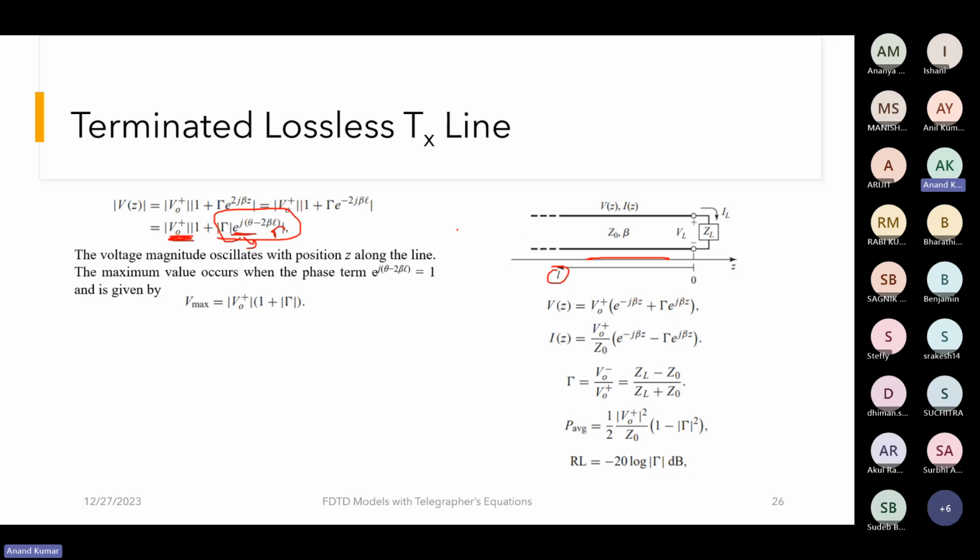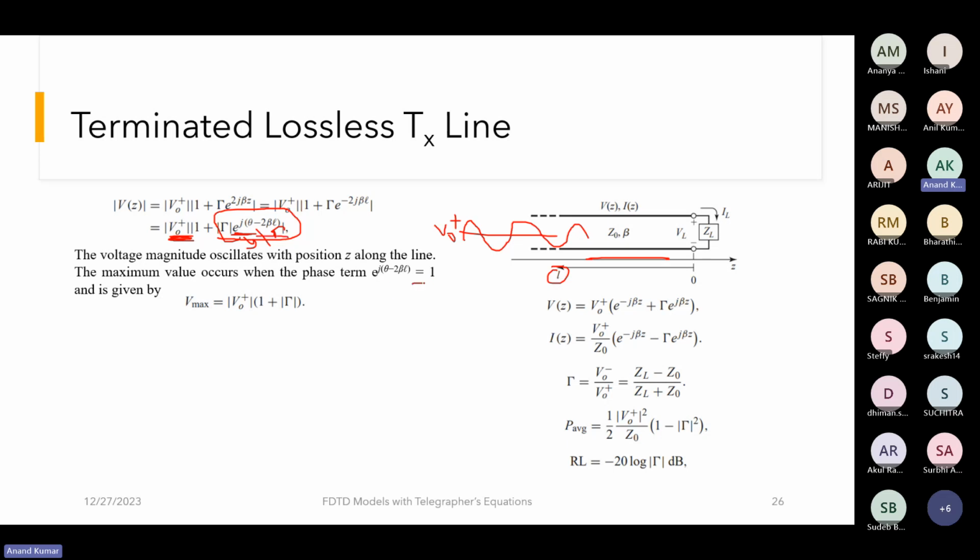So basically, there is this V naught plus value somewhere, and then your voltage throughout the transmission line will oscillate across this.